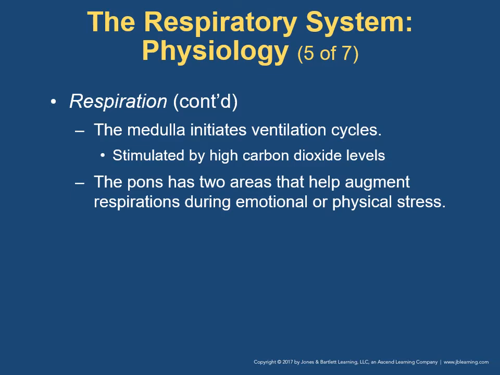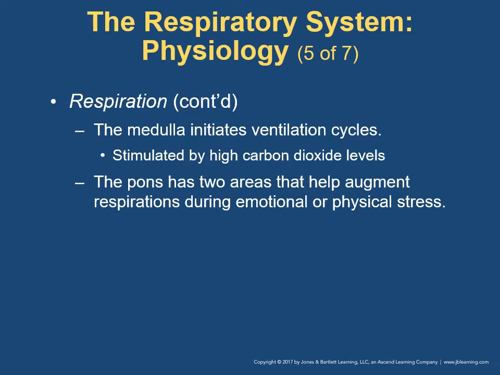The hypoxic drive, which hypoxic means what? Hypo is low. This is low oxygen. So the hypoxic drive is the backup system that controls the breathing. It is less sensitive and less powerful than the carbon dioxide sensors in the brainstem.